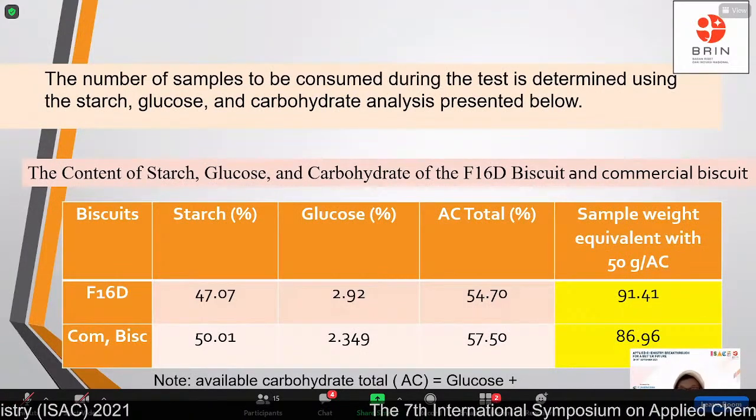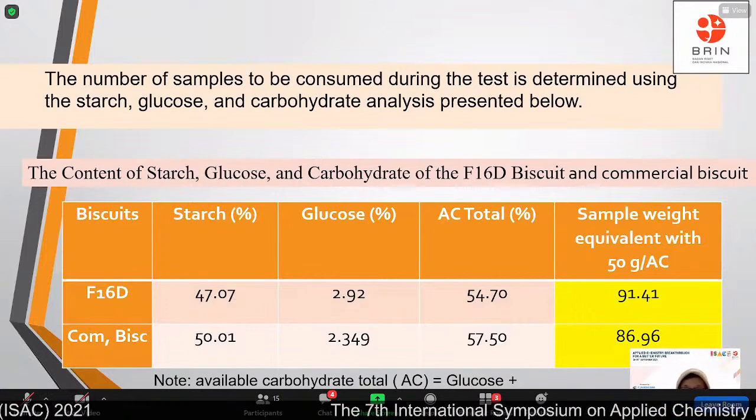The number of samples to be consumed during the GI test is determined using starch, glucose, and carbohydrate analysis.